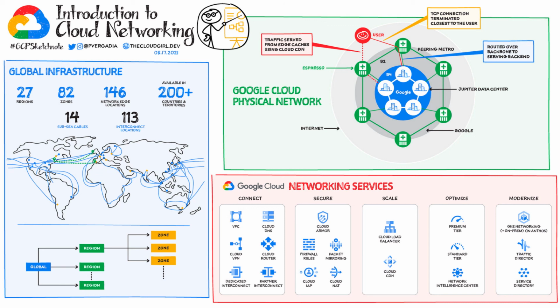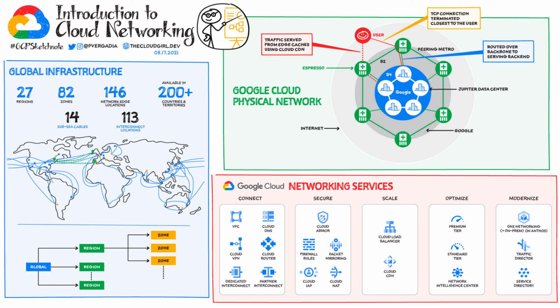So what are regions? They are independent geographical areas at least 100 miles apart from each other, where Google hosts its data centers. Each region can have 3 or more zones. So zones are multiple individual data centers within a region. For example, you have a region US East, and then you can have zones US East 1A, 1B, 1C, and so on.